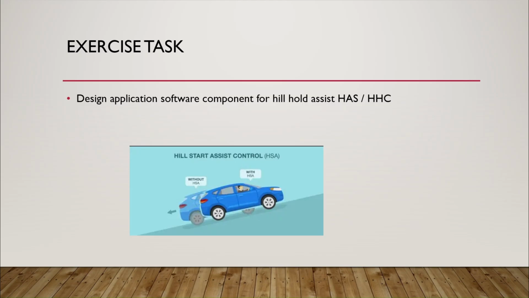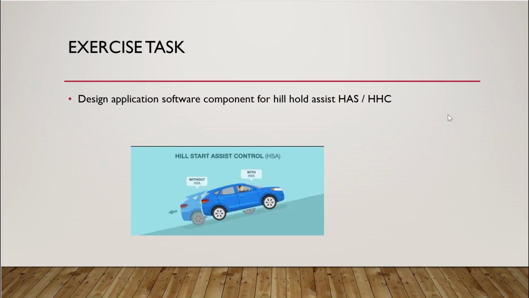The hill hold control will prevent the vehicle from rolling back when you park your vehicle on a slope. And when you want to drive away, you have to move your leg from the brake pedal to the accelerator. Meanwhile, there may be a chance that your vehicle may slide backwards.